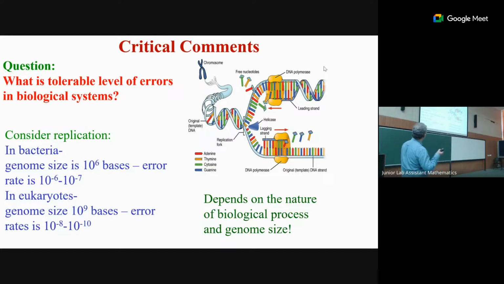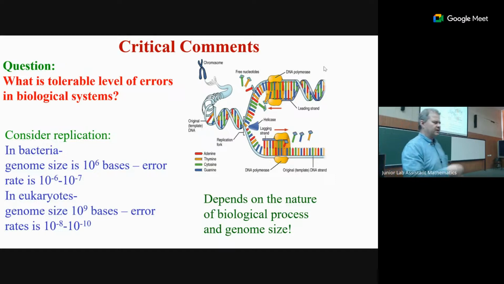Anyway, what is the tolerable level of error? It's not clear, but we can think a little bit. For example, bacteria genome size is small, 10 to the 6 bases, and the error rate is 10 to the minus 6, 10 to the minus 7 in replicating bacterial DNA. In eukaryotes, and humans are eukaryotes, 10 to the 9 bases, error 10 to the minus 6.